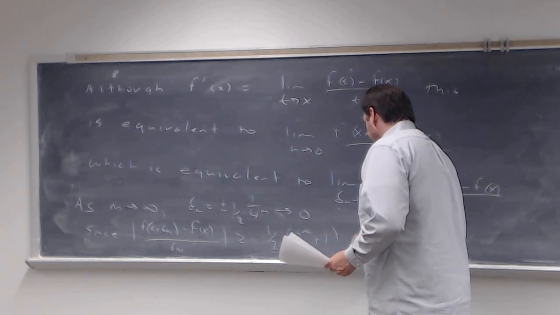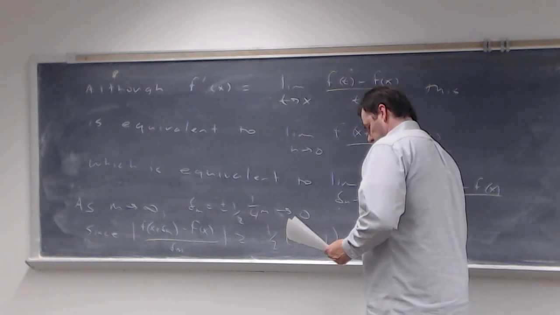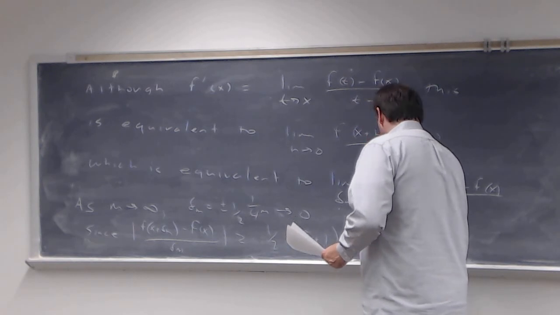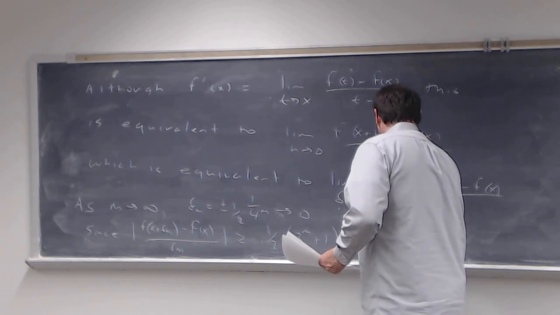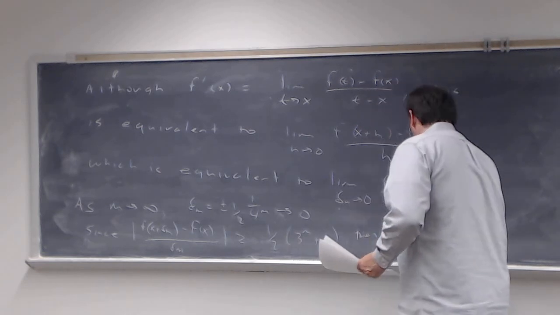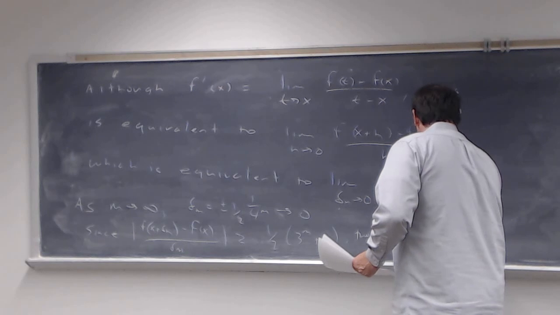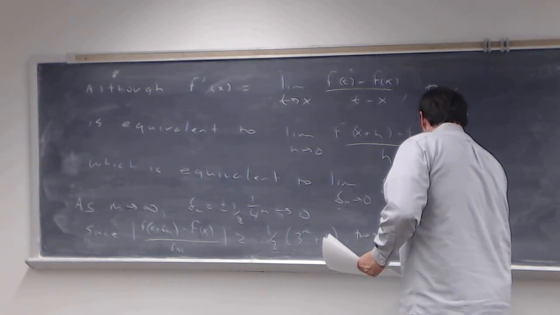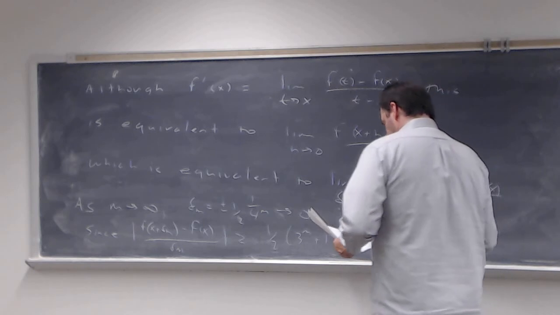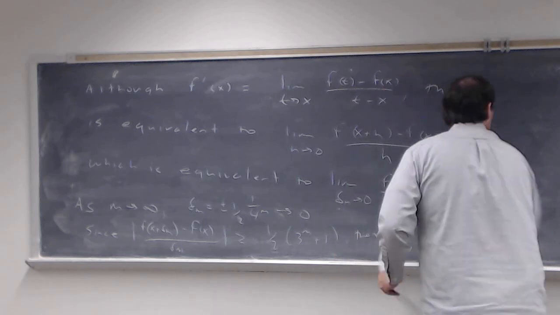That says the limit as delta sub m goes to 0 of f of x plus delta sub m minus f of x all over delta sub m, that guy does not exist.